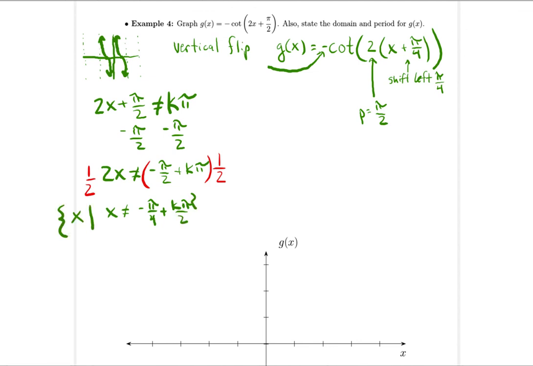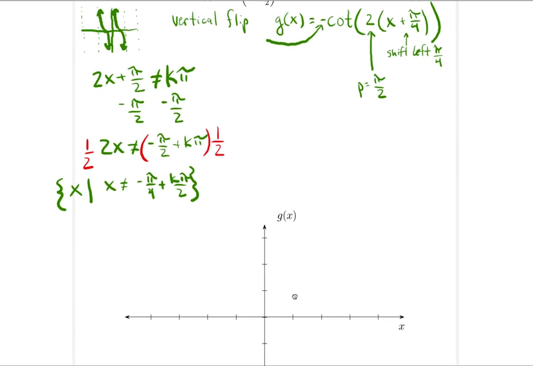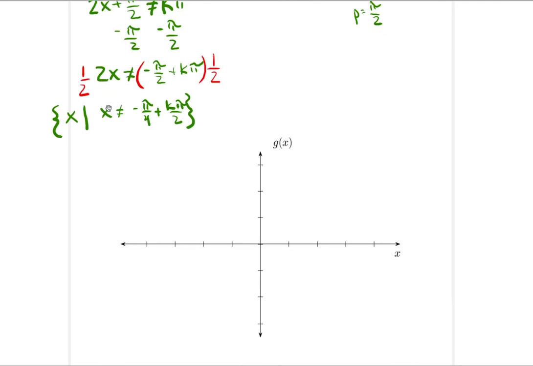Now I'm going to take a little bit different tactic on this. I've always looked up here first and started graphing, but this domain is a very practical thing to know. Here's what it says. If x can't be equal to negative pi over 4 plus k pi over 2, then that's where we're going to have to put asymptotes. All right, so I'm just going to go ahead and do that right now.